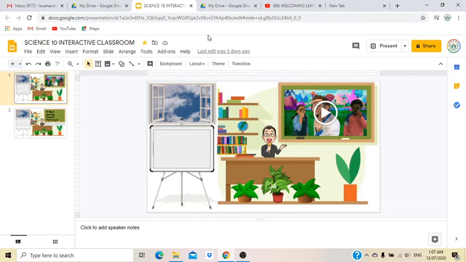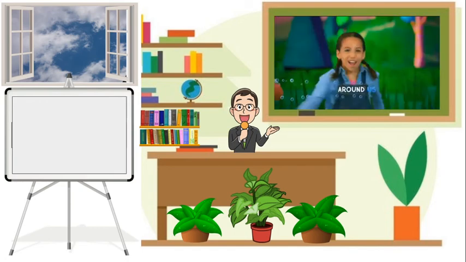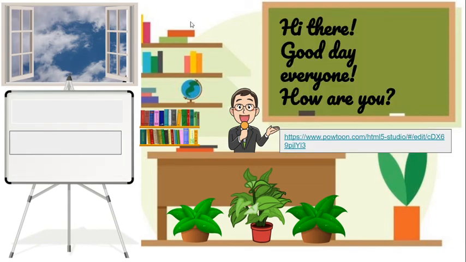Evidence is like a clue that something is true. Scientists collect evidence through observations and experiments. Scientists use evidence to understand the world around us. Okay, so if I will continue, this will serve as my virtual classroom.